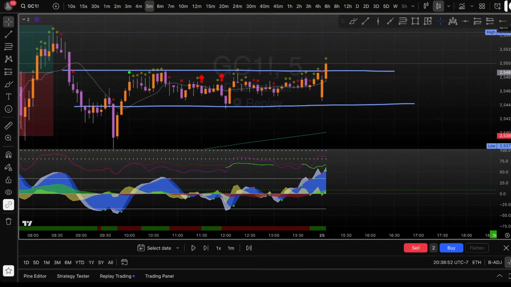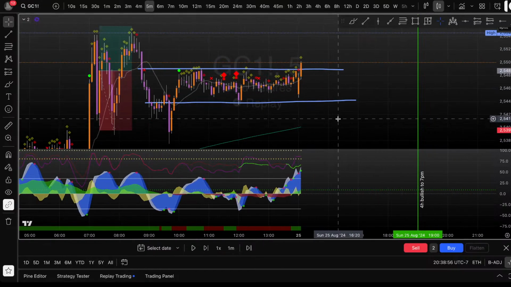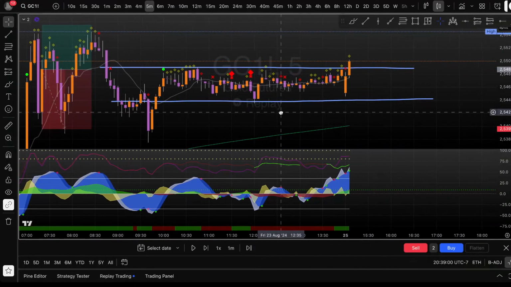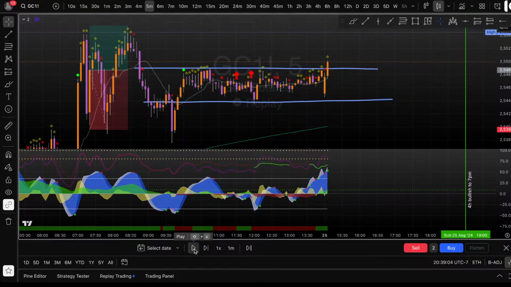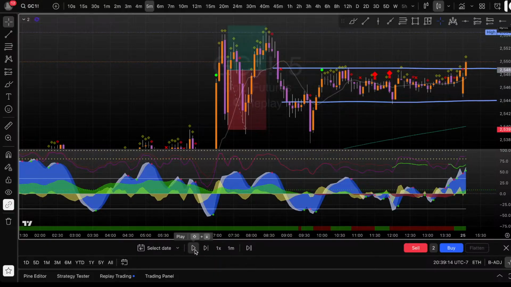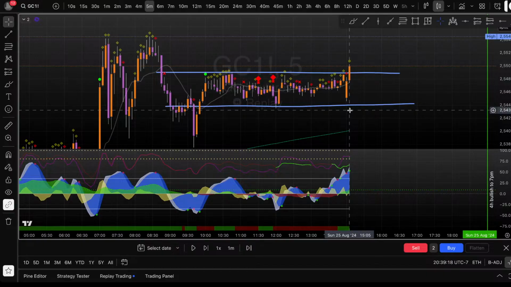Oops, here I go, hitting the wrong buttons. Oh man, it's doing that one thing. Shoot. Oh, it's bugged up. It's bugged up, folks.